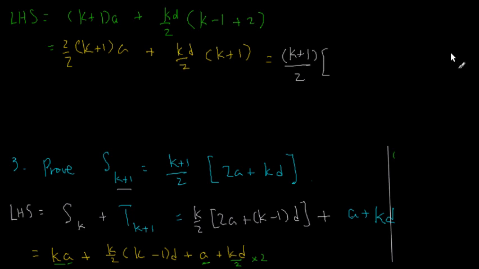So if I do this, what do I have in the bracket? Factor out k plus 1 over 2, I have 2a from here. Factor out k plus 1 over 2, I have kd. And they are exactly the same.